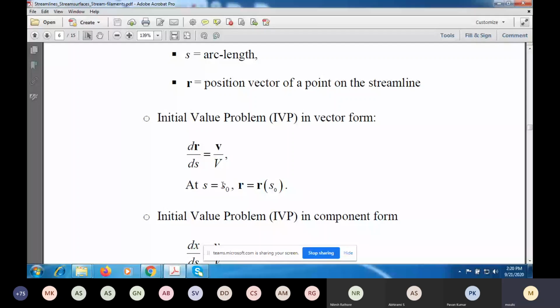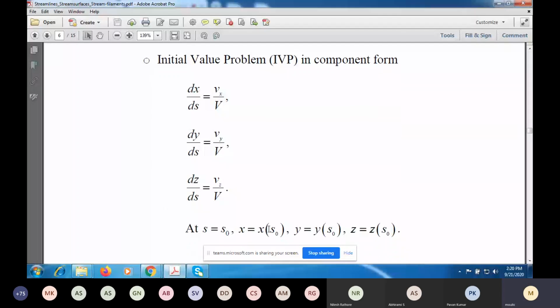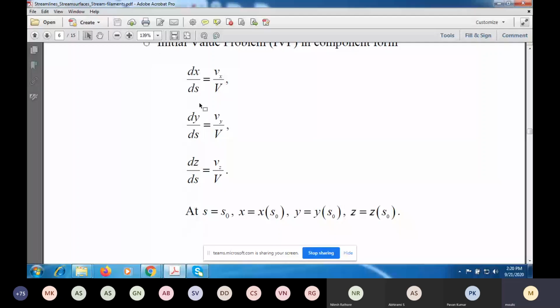So this is a system of first order ordinary differential equations. In component form, we have three scalar equations, and you will have three initial conditions because they are first order equations. So in principle, if the velocity field is known, you can find out the equation of the streamline through any point.